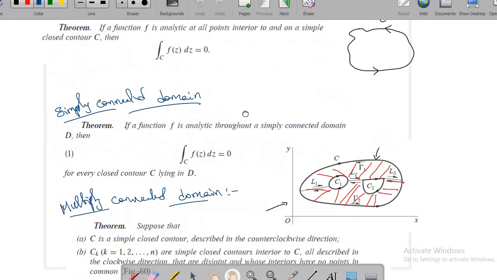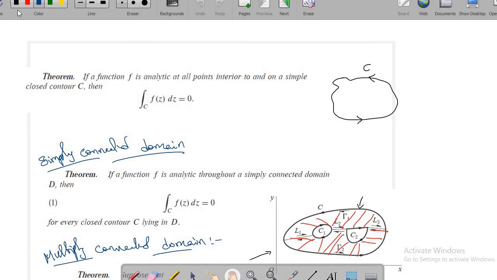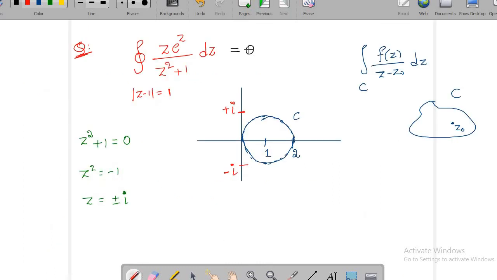If a function is analytic inside the closed contour C and also on C, then the integral of that function is going to be 0. Now using this theorem, I can conclude that the value of this integral is 0. You can write a note: using Cauchy-Goursat theorem.